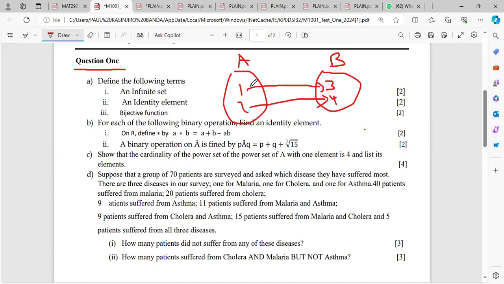In short, each input function here has a unique output function there, okay? That makes it a bijective function. Okay. So as long as you stress out that point in your explanation, you can put it in whatever ways you want. Okay. So now let's go to B. I hope you've understood.